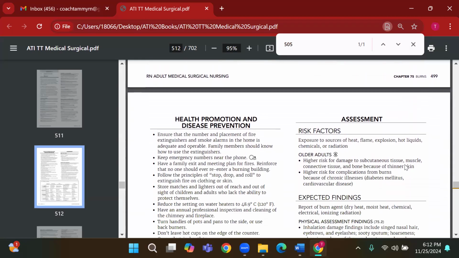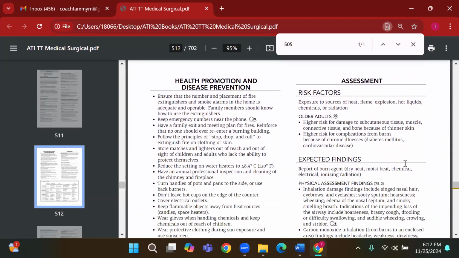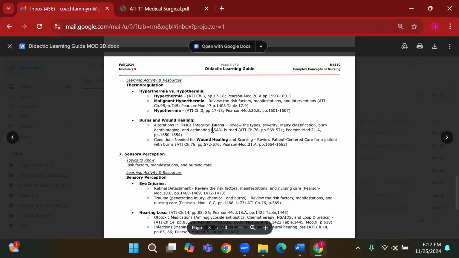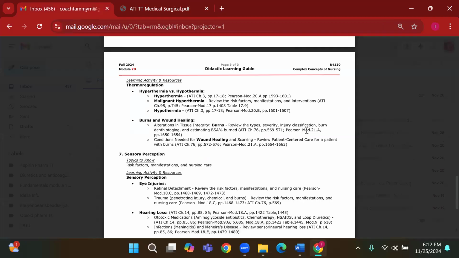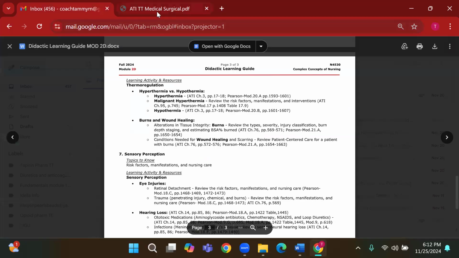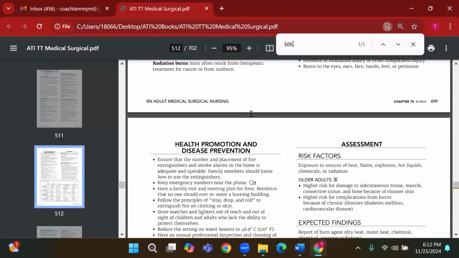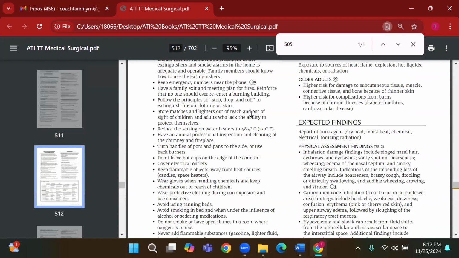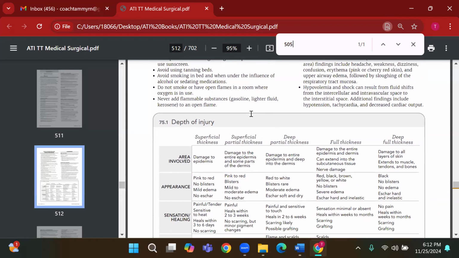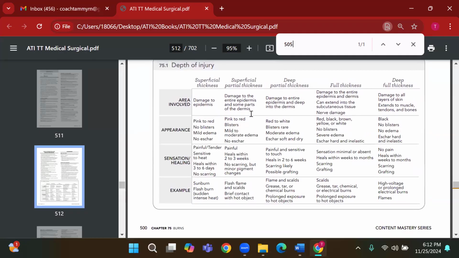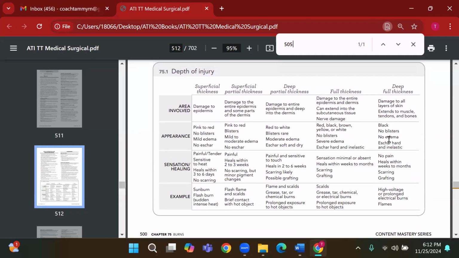So let's look here. They could ask how to prevent a burn. It is a possibility. And I'm going to look really quickly. It just says review the type, severity, injury classification. So let's look here. Types, injury, severity classification. We're going to go down here. Now, this is going to be important, I think, is the depth of the injury.